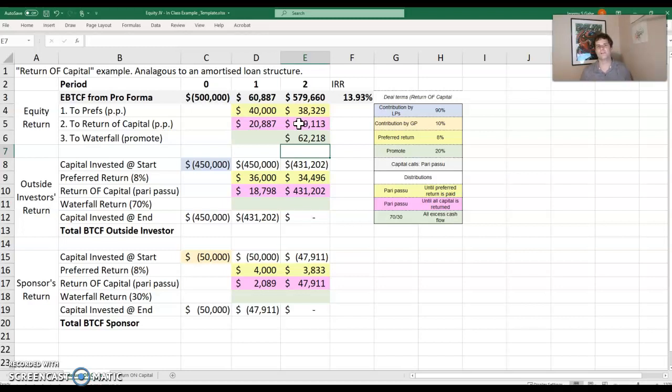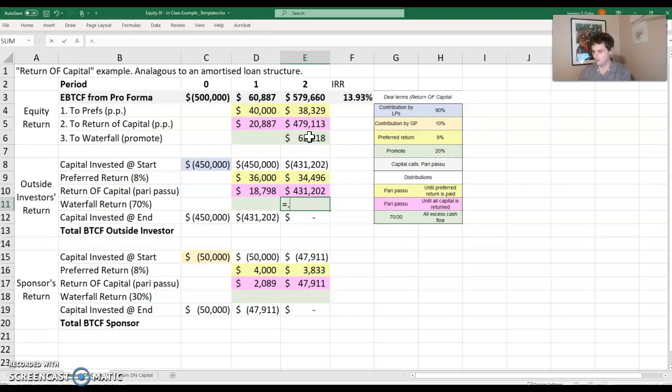So this is where the sponsor earns a promote. They want this number to be as big as possible because they get an outsized proportion of those returns. So this waterfall is now distributed with a 70% promote for the sponsor, or you can call it a demote for the outside investors.